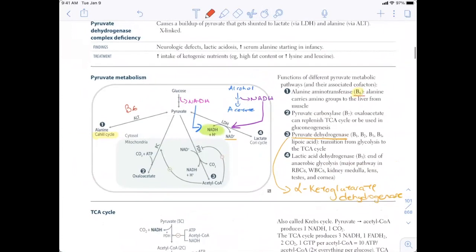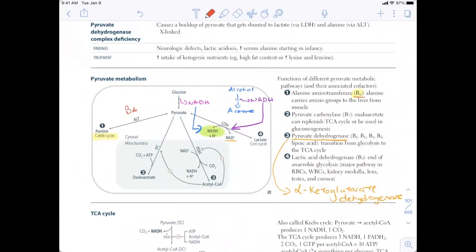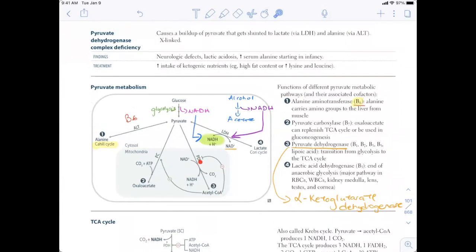If you take a look at this right here, that's glucose and that's pyruvate. So do you agree with me that this step is glycolysis? Because what's glycolysis? It's changing glucose to pyruvate. And then after we have pyruvate, it can change to acetyl-CoA in the presence of oxygen, with the help of my pyruvate dehydrogenase complex.